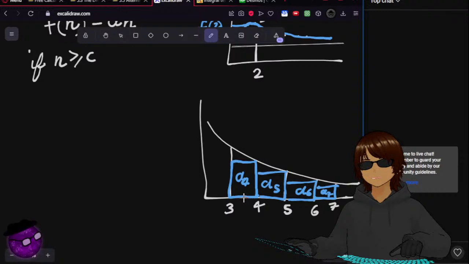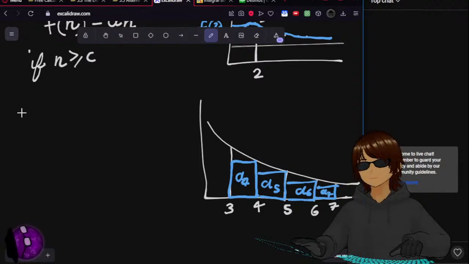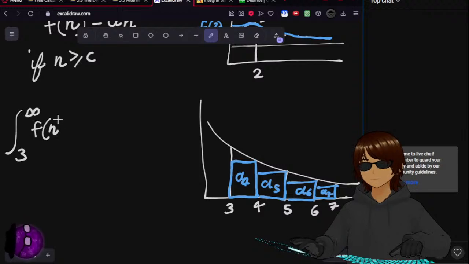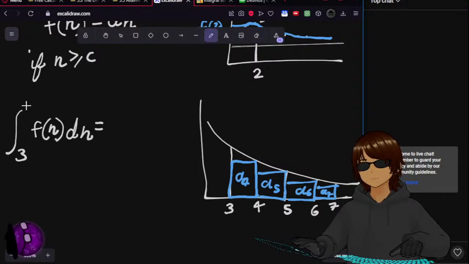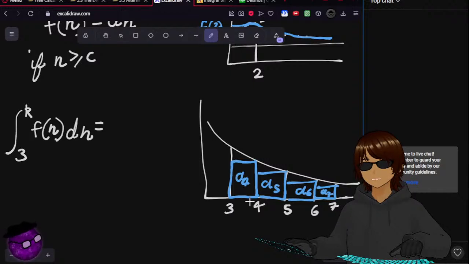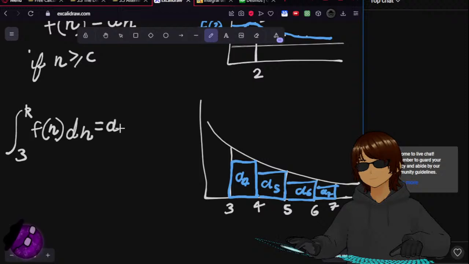So the integral from 3 to infinity, or let's do k actually, would be A4 plus A5 plus A6 plus A7 till AK.